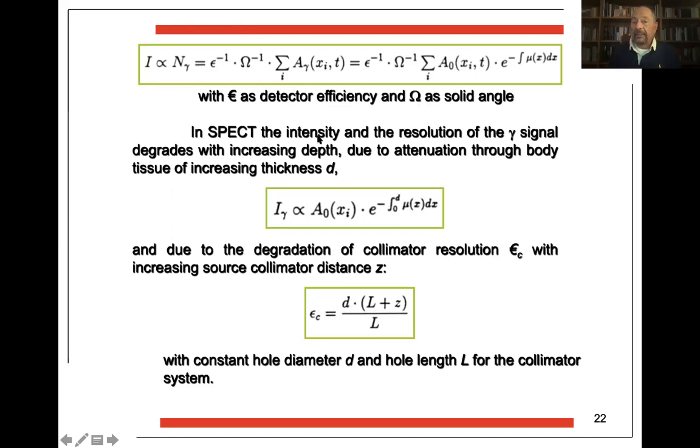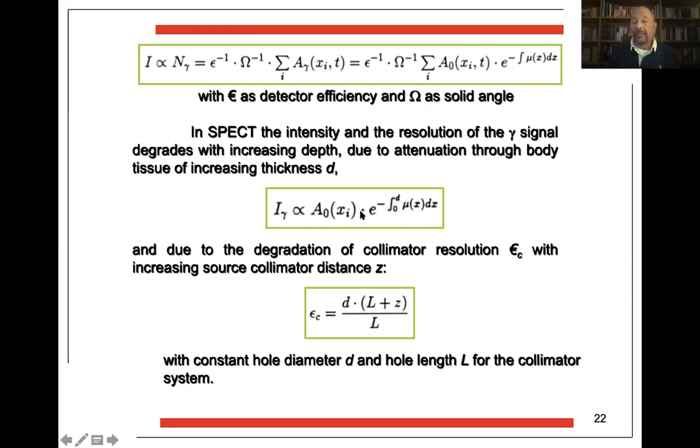In SPECT, the intensity and the resolution of the gamma signal degrade with increasing depth due to the attenuation through body tissue of increasing thickness. That's why you have this term, e to the minus integral of mu dx, because you can have different attenuation coefficients along the path. You go through the bone, through the fat, through the muscle, and so on.